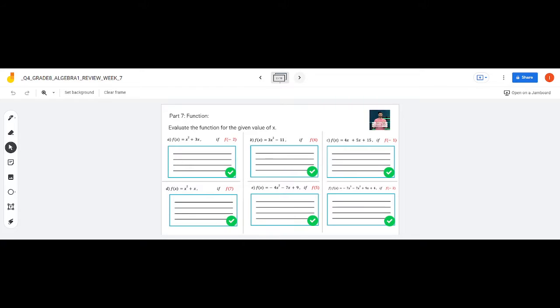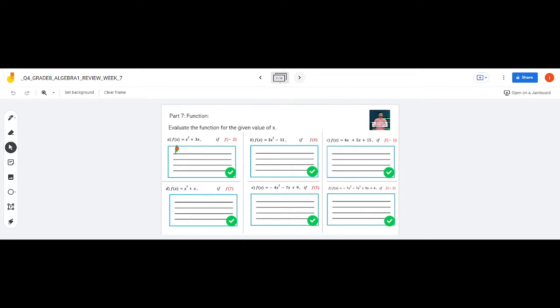whenever you are asked to evaluate the function for the given value of x, all you have to do is, wherever there's f of -2, all it means is wherever there's an x, put a -2.